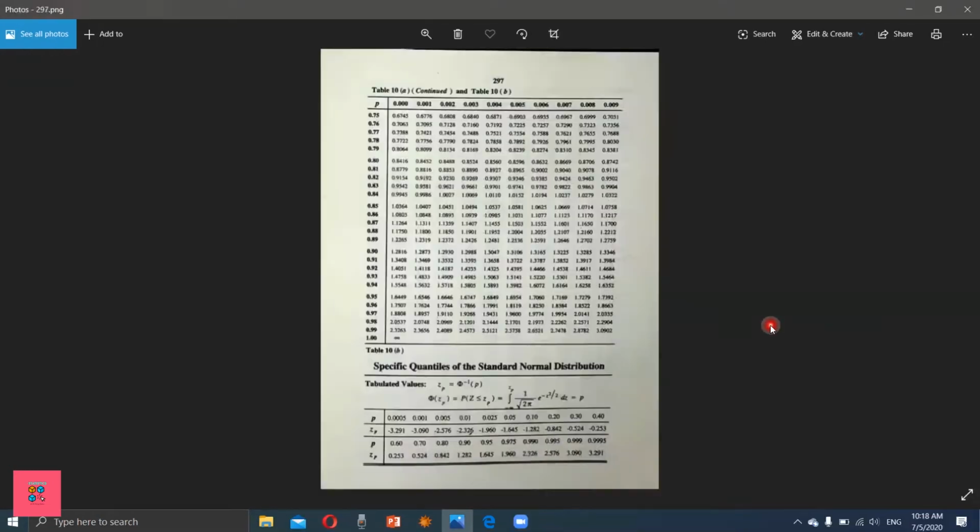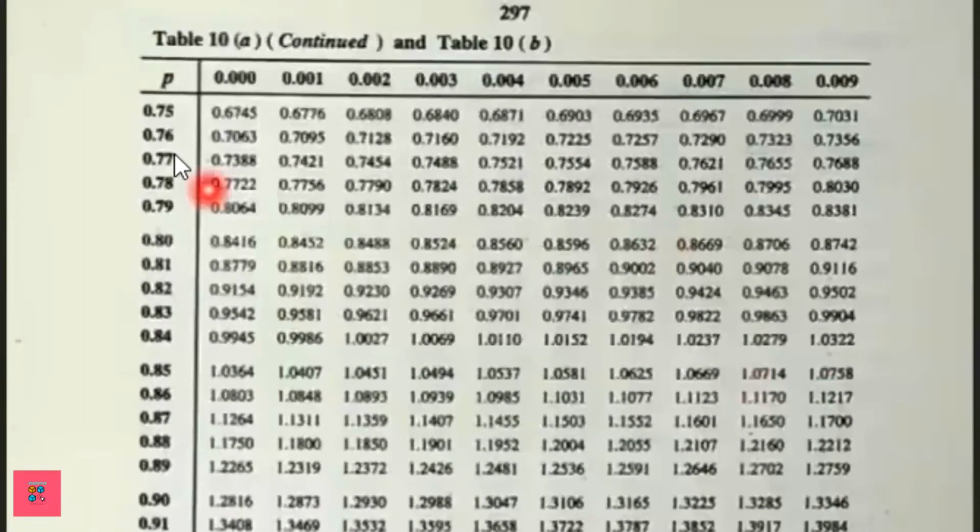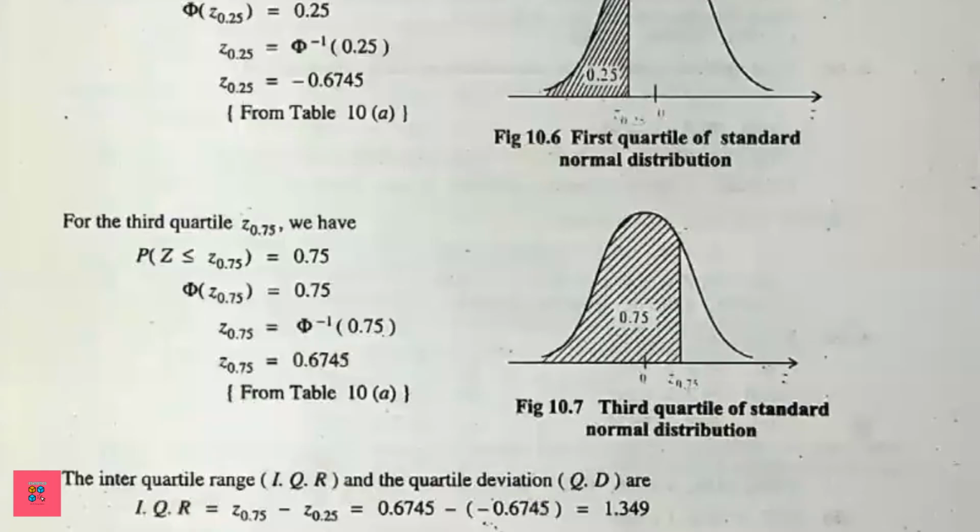Okay, on the next page, the first value is 0.75 against the 0. So it's 0.6745. We will write it here in our book. The answer is 0.6745. So directly we will locate this value in the table and write the answer here.